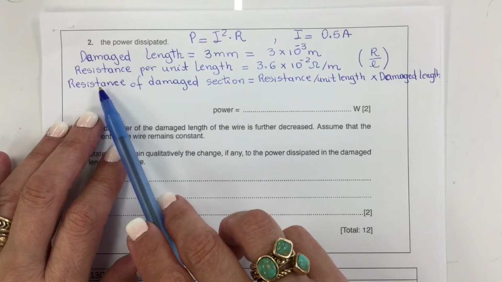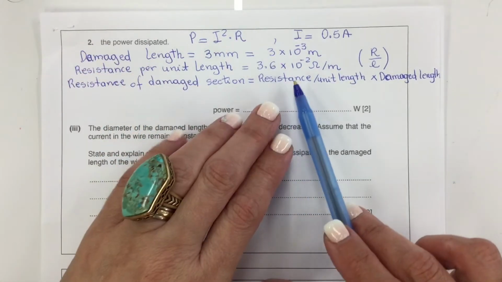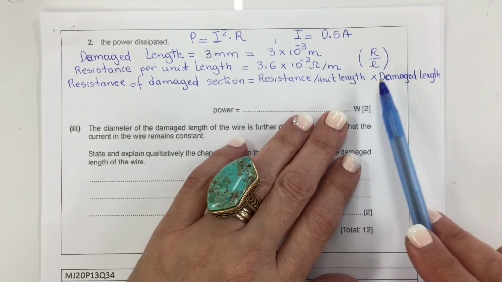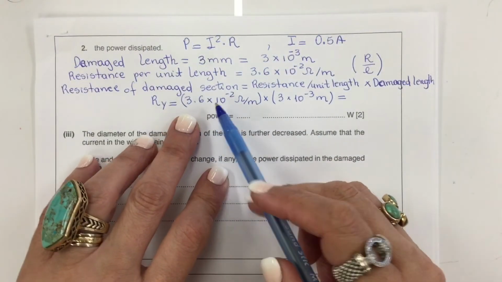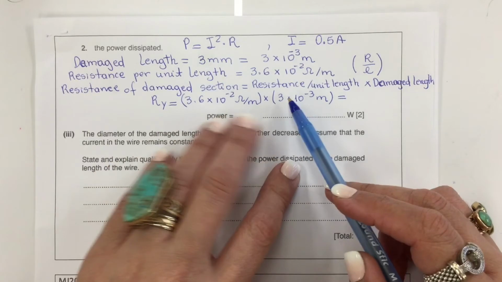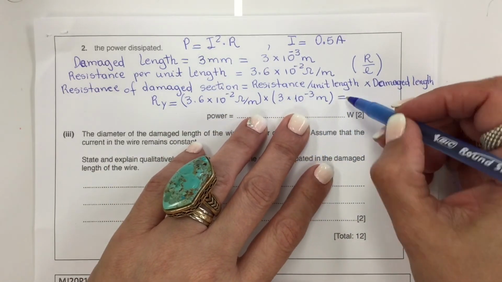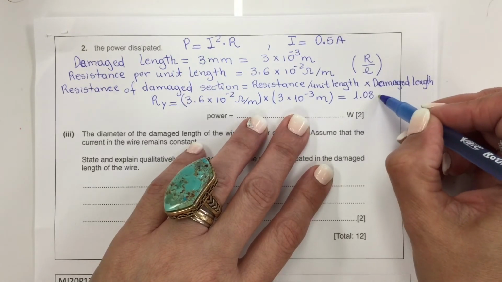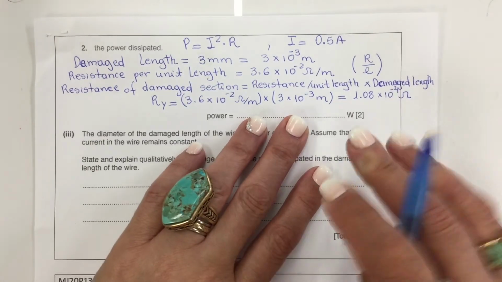Now I'm going to calculate the resistance of the damaged section, which is the resistance per unit length that I have here times the damage length. The product of 3.6 times 10 to the negative 2 with 3 times 10 to the negative 3 is 1.08 times 10 to the minus 4 ohms.